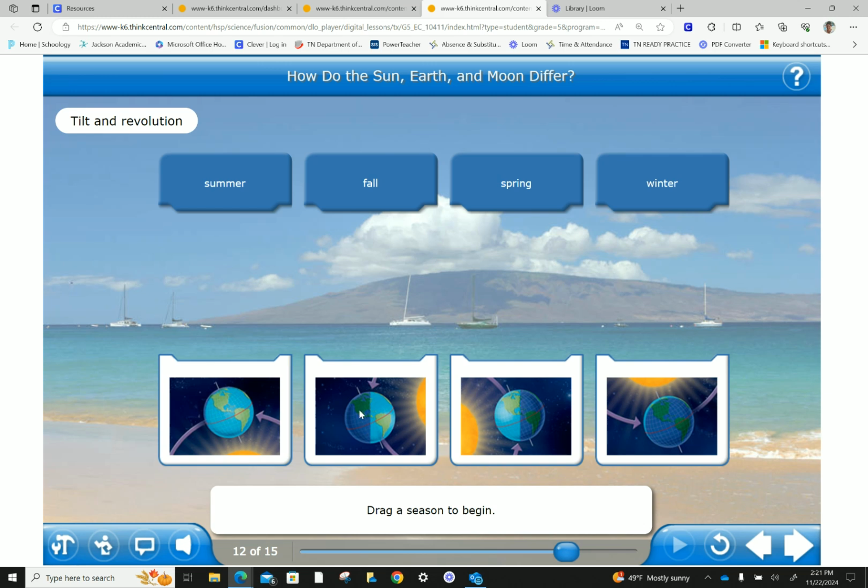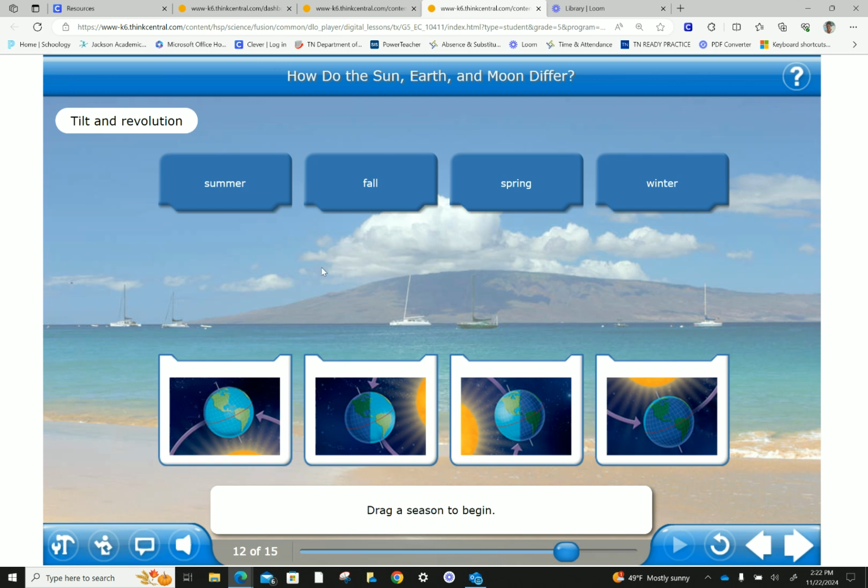So North America here, North America here, North America here, and North America here. We have to decide, by looking at the tilt and the location of the sun, which drawing here represents which season.